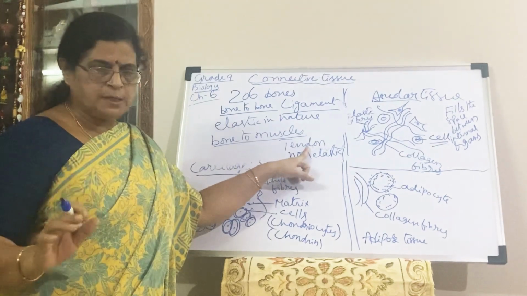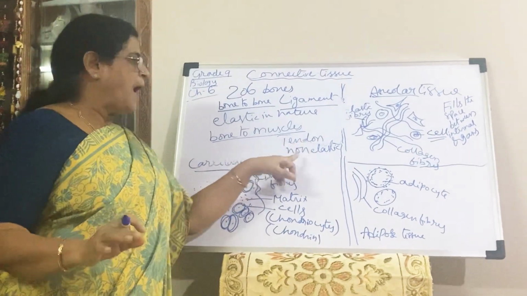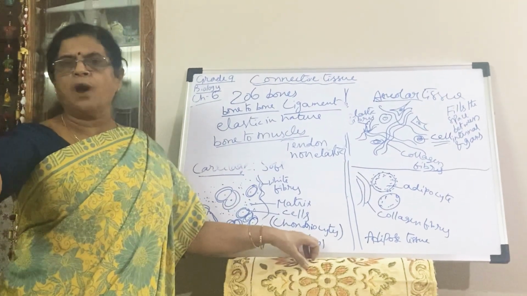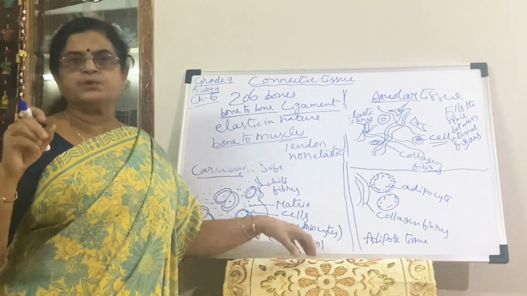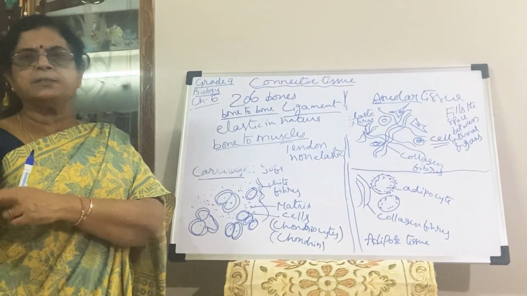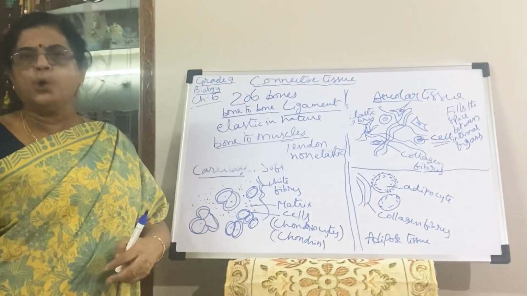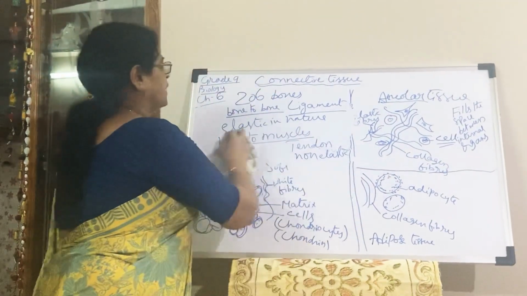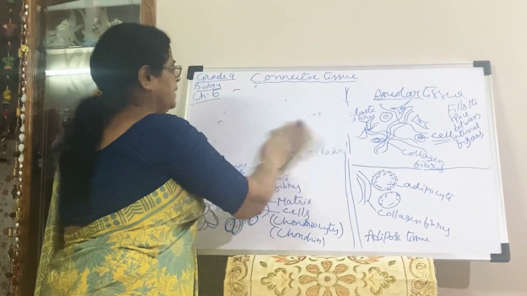It is not flexible but strong enough and non-elastic. So the muscles along with the bones make us do the work easily, because at the joints these fibers are there to make the bones move. These are the two connective tissues, the ligament and tendon.